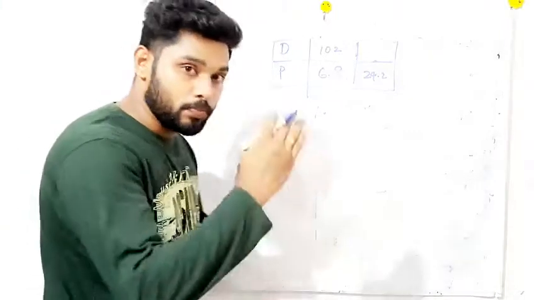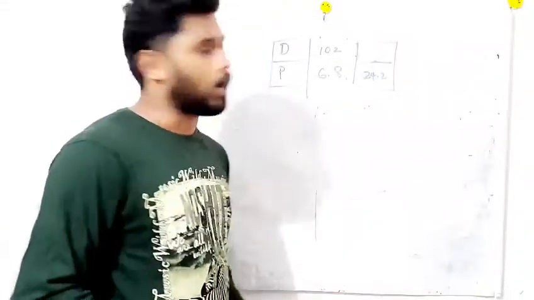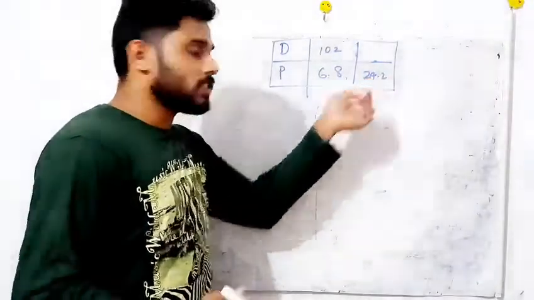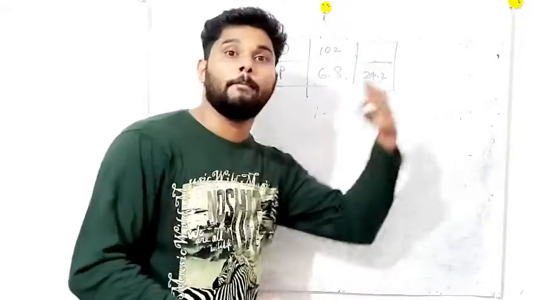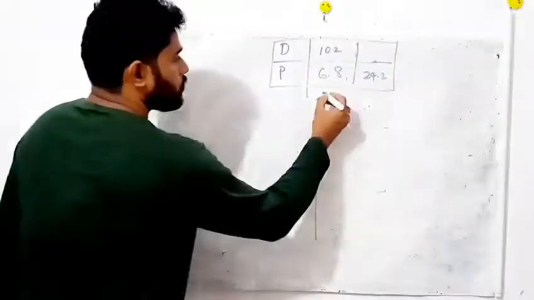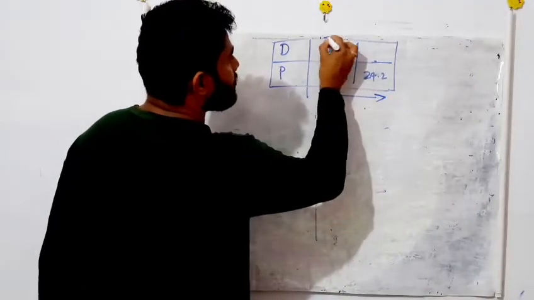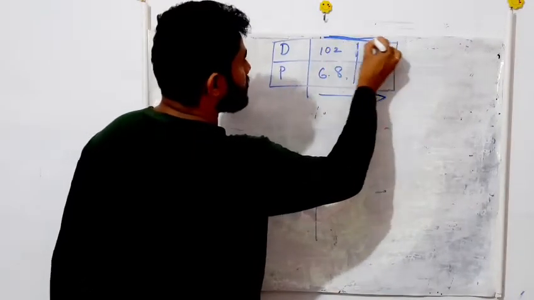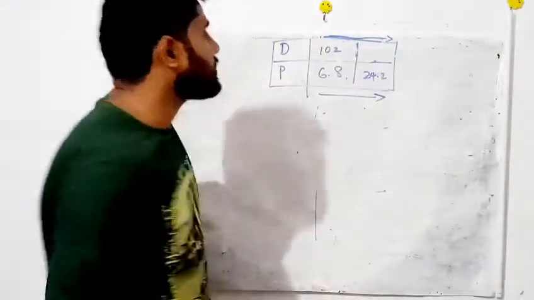In the place of 6.8 we have 24.2 liters. We have more petrol, so at the same time we can cover more distance. So when the petrol is increased, at the same time distance also increases. We can cover more distance. So we understood this is direct proportion.